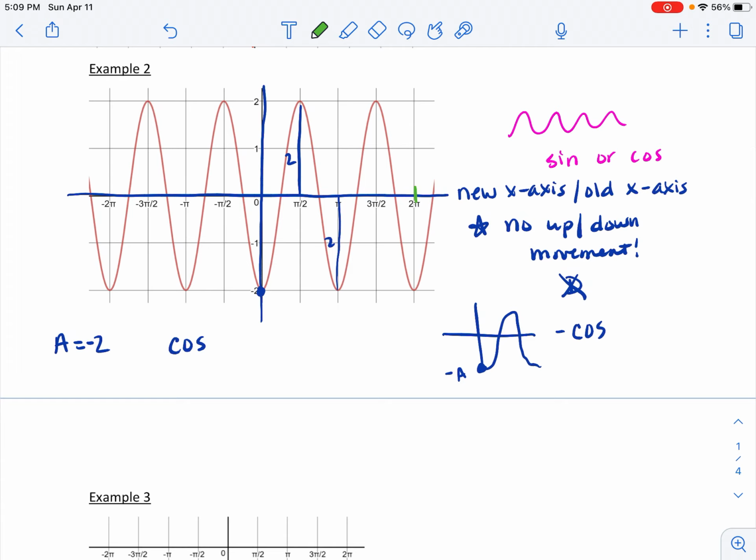Well, I almost drew one here, but you guys look, this guy starts down here, right? And then it goes all the way up, and then it comes all the way back down. And it's at this point that it's going to start repeating itself. Look, it's going to go all the way up, all the way down. Do you see that those are the full cycles of your cosine there? So these are the shapes that you're really looking for. You're going to look at and go, how many of those shapes fit in a period of 2 pi?